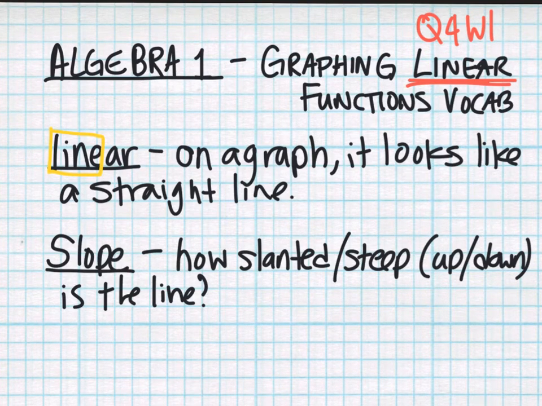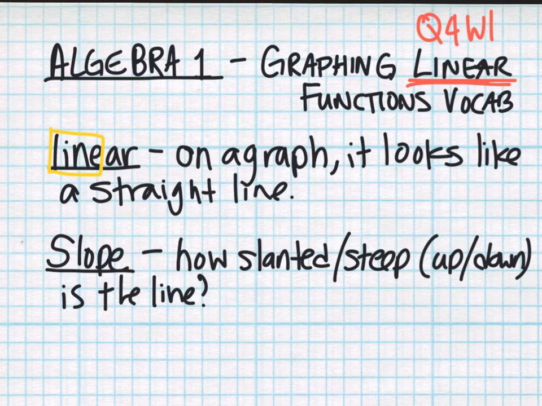Slope is just a way to take this idea and give it a number value. And once we understand how that number is calculated, then we can compare slopes of different things and see how much it's increasing, how much it's decreasing.